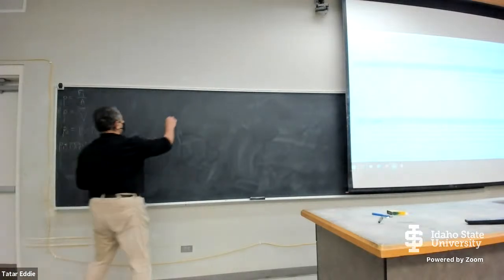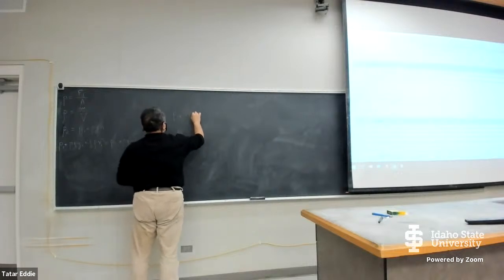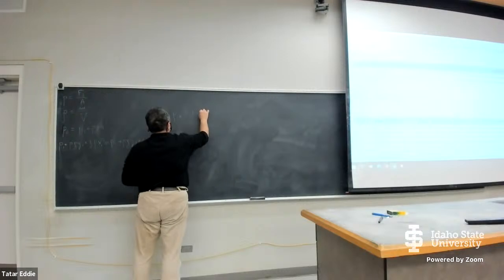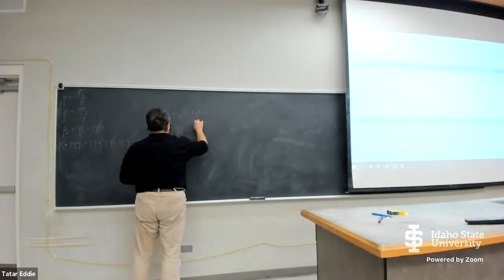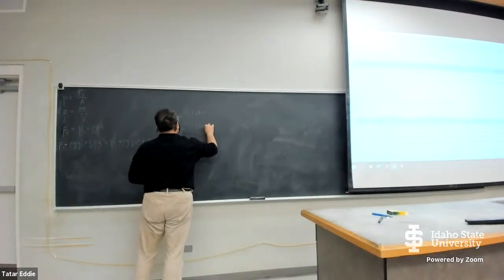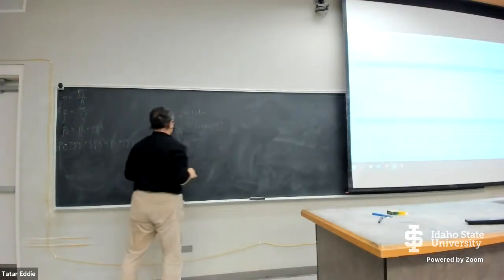So the pressure inside his body is 1 atmosphere, let's say. The pressure outside, in the water, is going to be atmospheric plus rho g h.